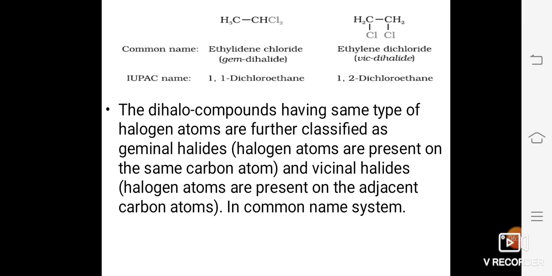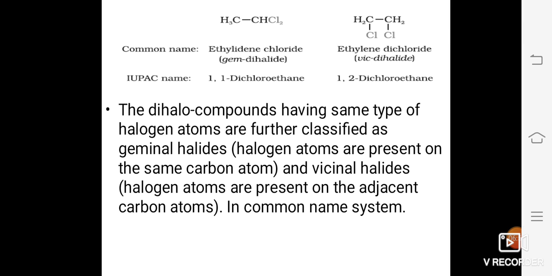Both the chlorine atoms are attached to the same carbon atom, or both chlorine atoms are joined to only one carbon atom. Such compounds are commonly called geminal halides. And this is an example for a dihalide, since two halogen atoms are present on a single carbon atom.